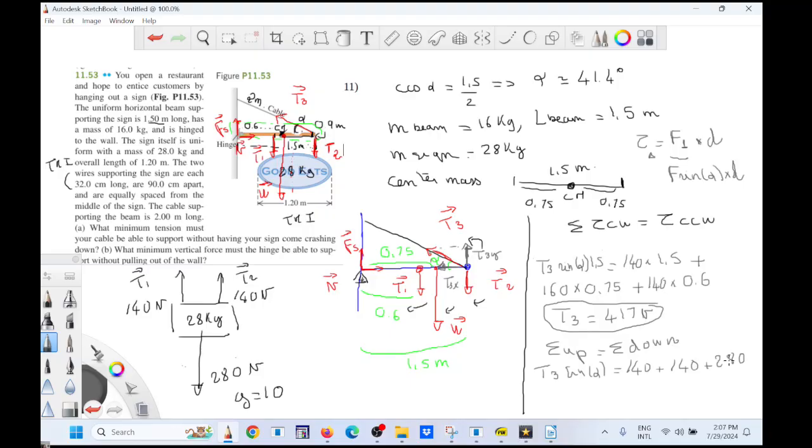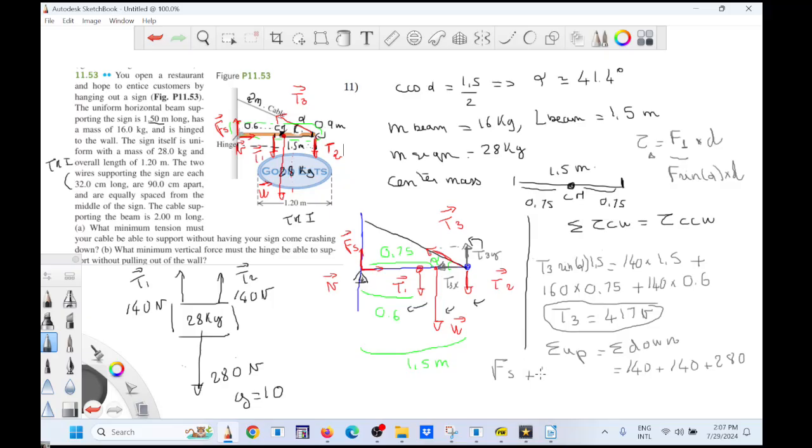And up, I forgot again, up will be also that force here. That's also up, that vertical force. And T3, we already know, so it's 417.